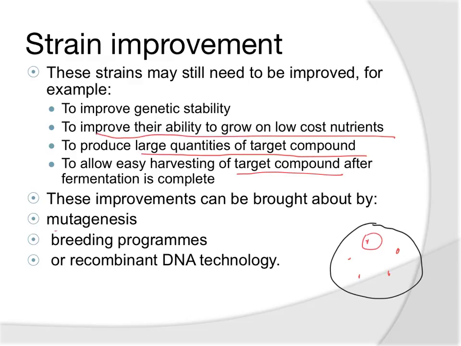The first one here is looking at this term here, mutagenesis. Or we could have a look at breeding programs, and we could also have a look at maybe genetically modifying the organism. We'll look at the genetic modification in a different video. So in this video here, we'll have a look at these 2 things, mutagenesis and breeding programs.